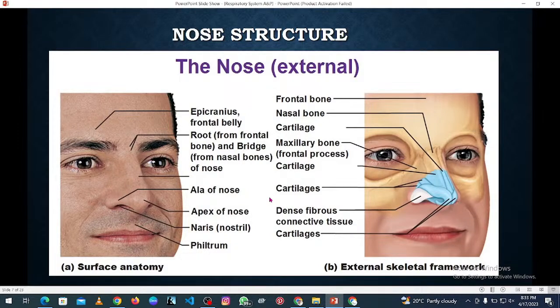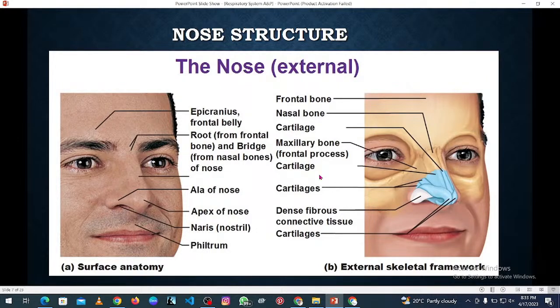When you look at the ala, there's this word alar cartilage, and dense fibrous connective tissues. So just below the skin, on the ala of the nose, we have these two tissues.